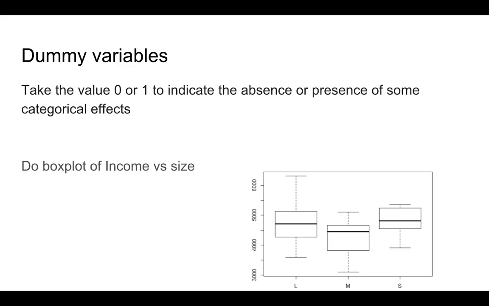From the plot, we see that the different categories L, M, S have different mean values, which means that we should deal with them separately. So how are we going to build our model?